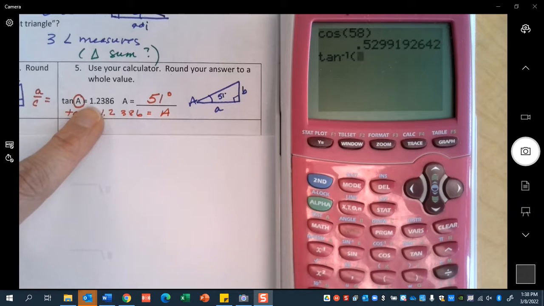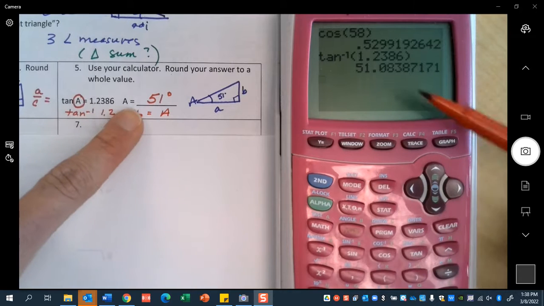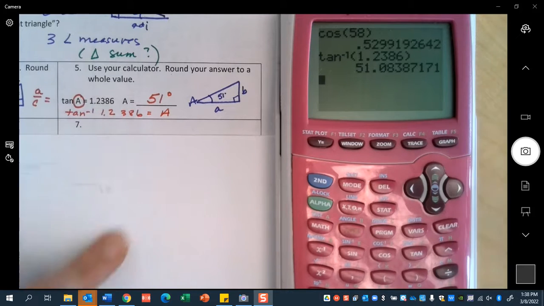What angle measure has a tangent value of 1.2386? And that's going to tell me, hey, that's a 51-degree angle. So 51 degrees has that tangent value when I compare my opposite over my adjacent in a right triangle.